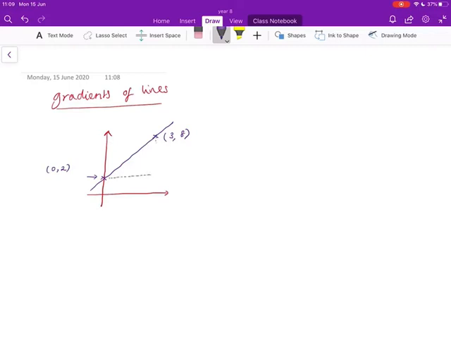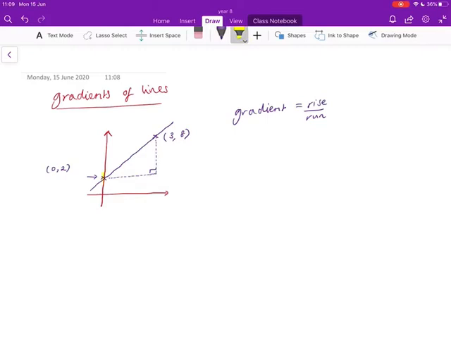So what we can do is imagine here, if we connected these up with a right angle triangle like this. To find the gradient of the line, quite often we use the formula rise over run. So we see how much the rise is.